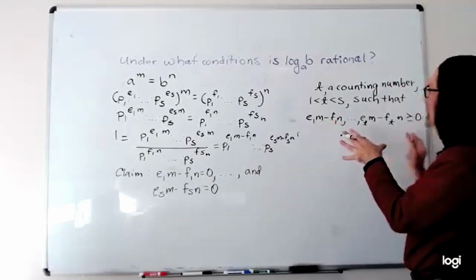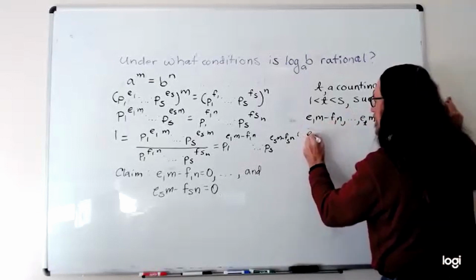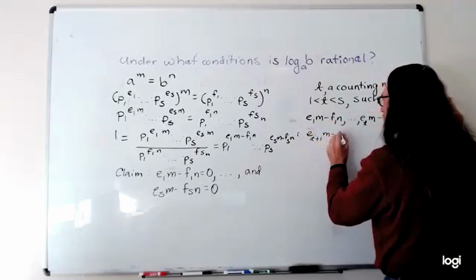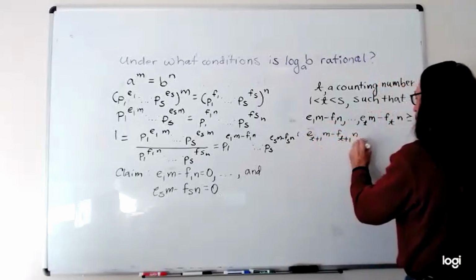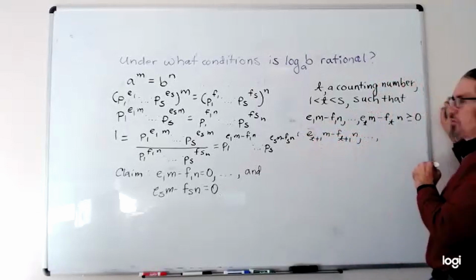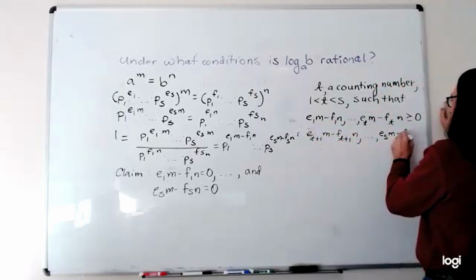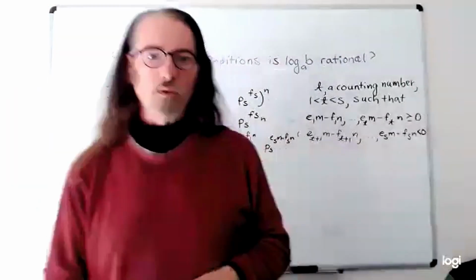All of these exponents are greater than or equal to zero. And then once you go past t, on up to s, those will be less than zero.